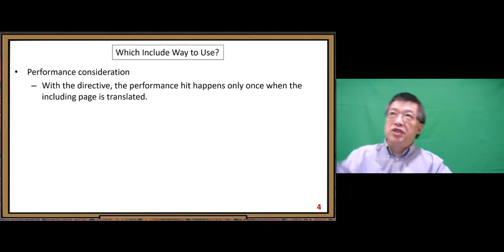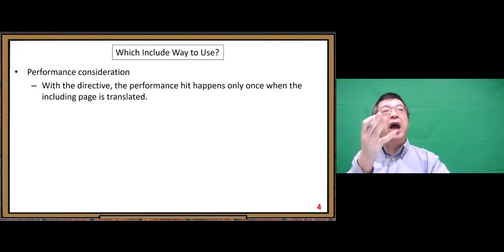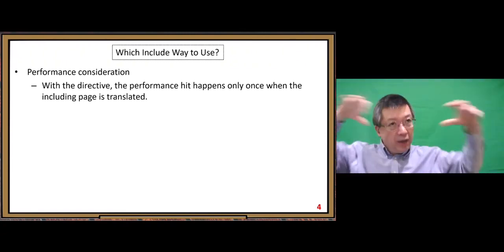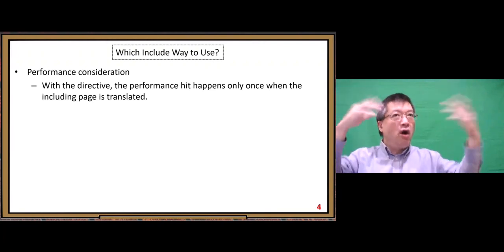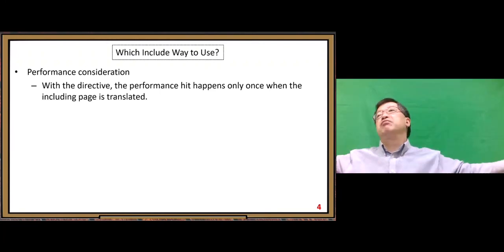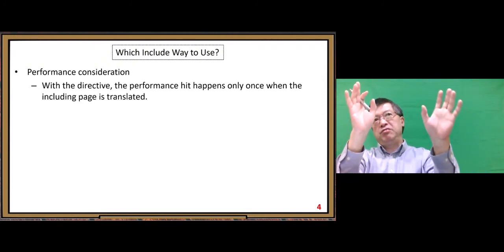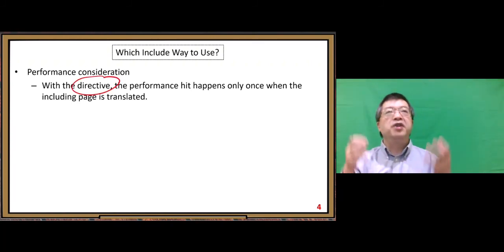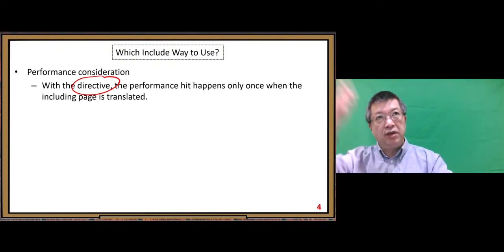Compile time: translation, copy, compile. That step is a little slow. But after that, because the whole file is already compiled as an integral part, every time you call it, it is very fast. So from the performance point of view, the directive way is faster than the dynamic inclusion way.